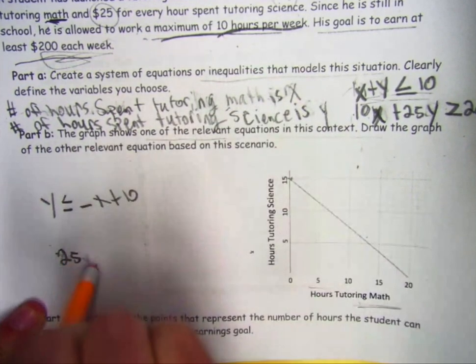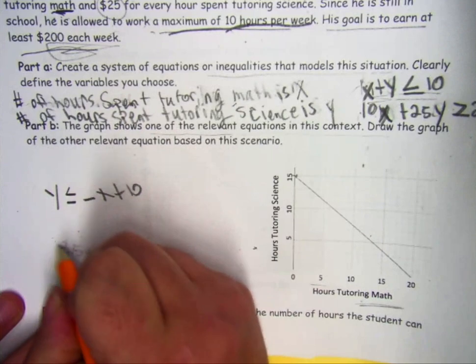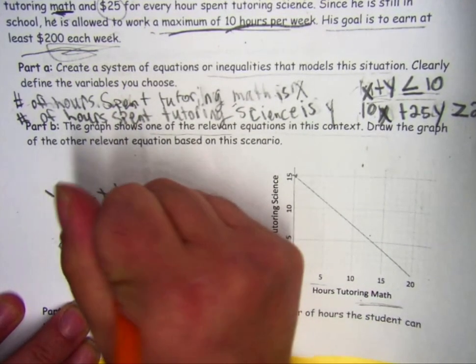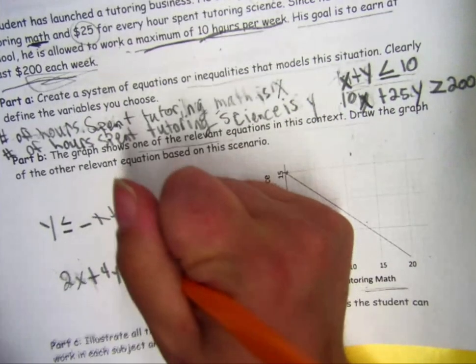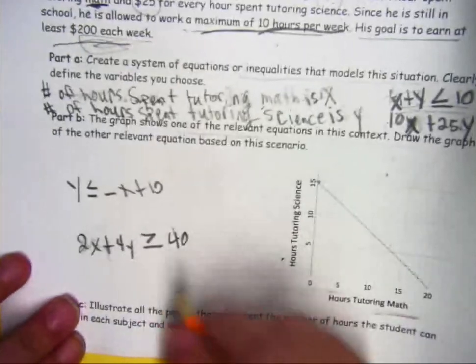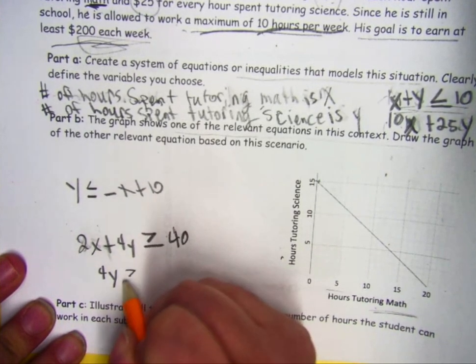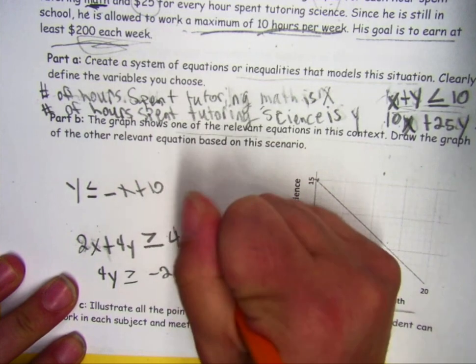Actually, let's just divide everything by 5. 10 divided by 5 is 2, so 2x plus 4y equal to, I believe, 40. And we have 4y is greater than or equal to negative 2x plus 40.